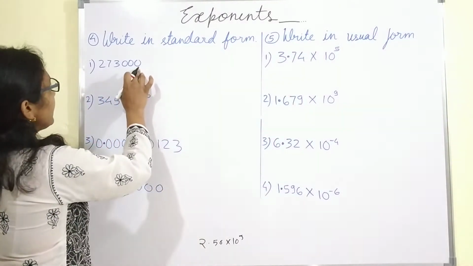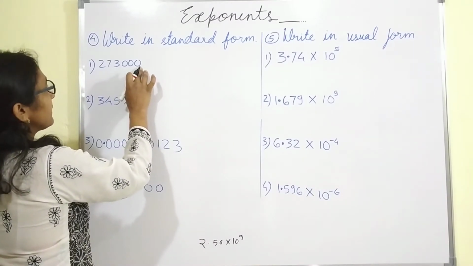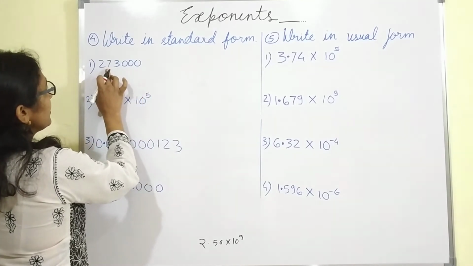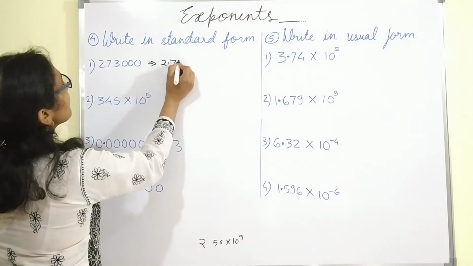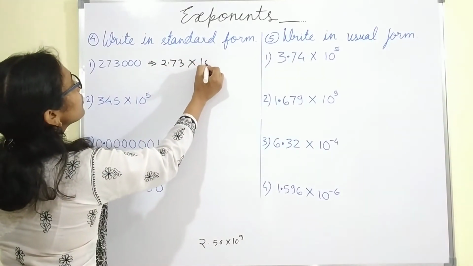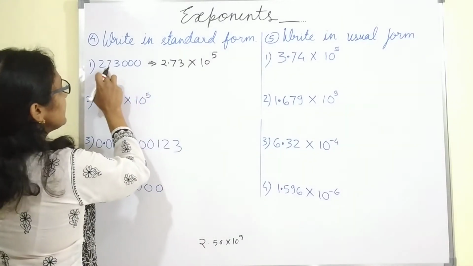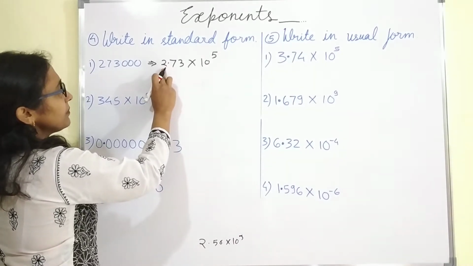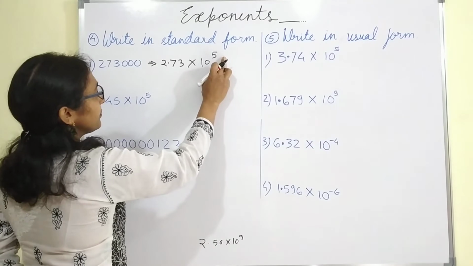So how to write this number in decimal form? We will count from right to left. 1, 2, 3, 4, 5. So 2.73 into 10 to the power 5. I have counted 5 digits here and there should be a point. So it will become 2.73 into 10 to the power 5.